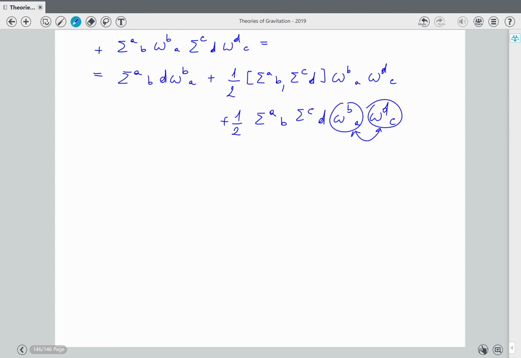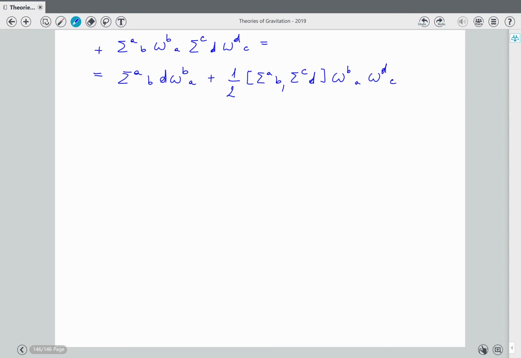They are not numbers, they are forms, so when you exchange them, you have a minus sign. But as far as the indices are concerned, these indices are explicit, so we can't change them because they are just matrix elements, and they have no other indices. The other indices are spinorial indices in the gamma matrices, and those are taken care of by the sigmas and their commutator.